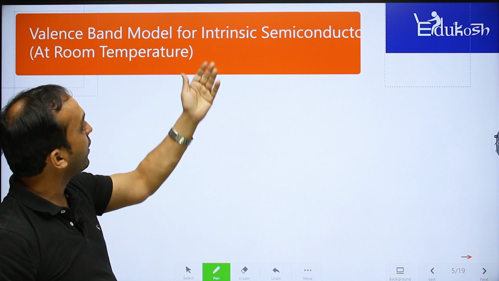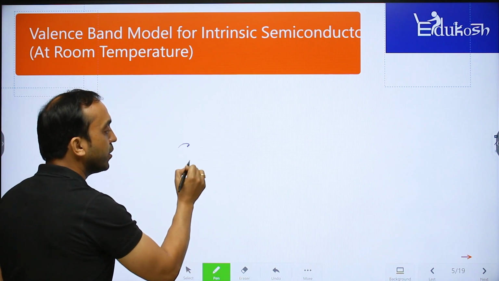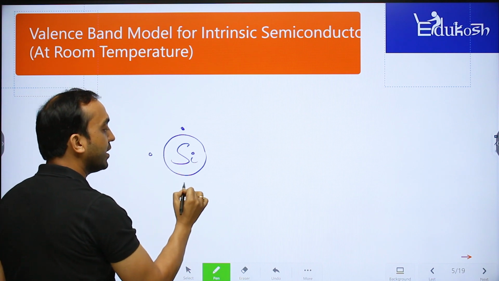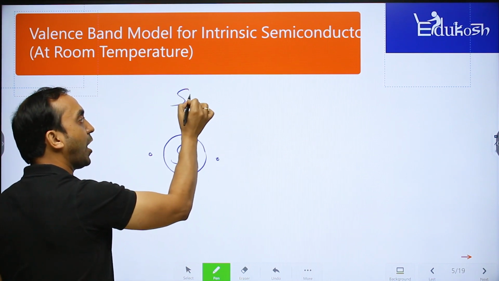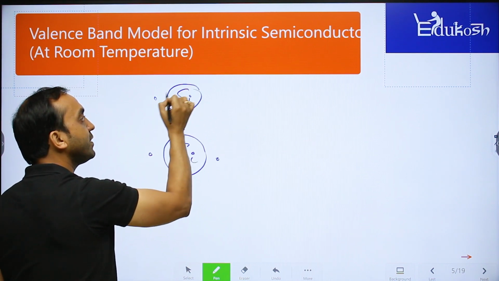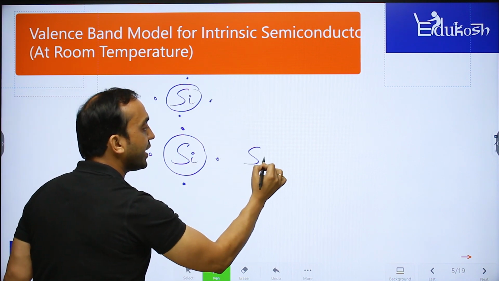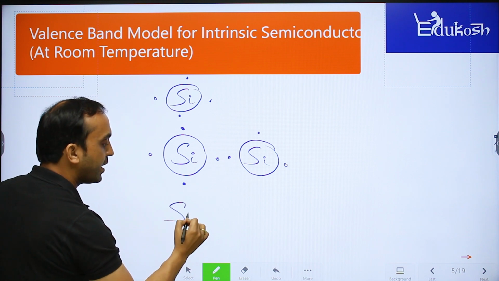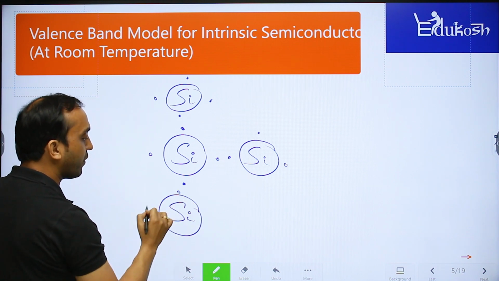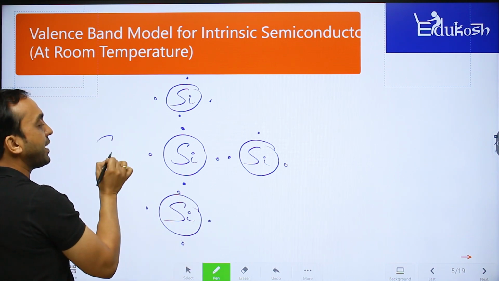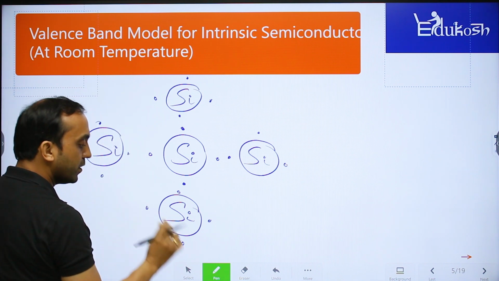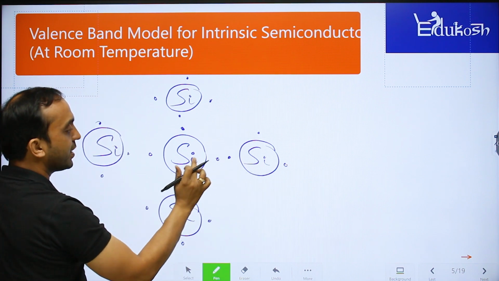So the valence band model at room temperature: if this is a silicon atom having electrons in its outermost orbit, one of these electrons may leave its place due to the temperature gain, and at the point from where it leaves, a vacancy is created. That vacancy is known as a hole.